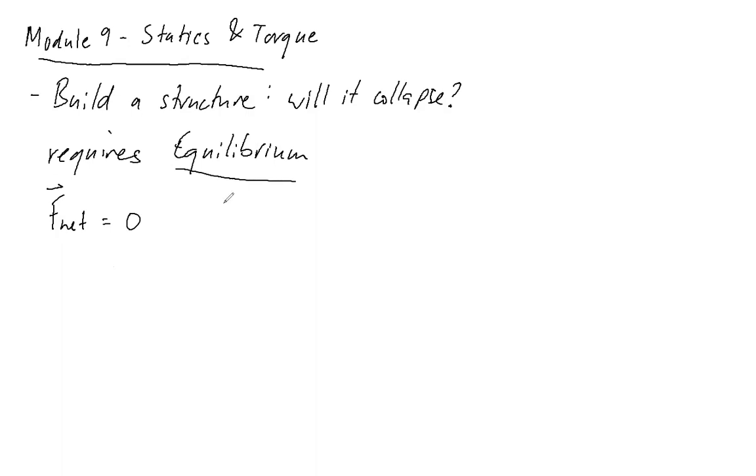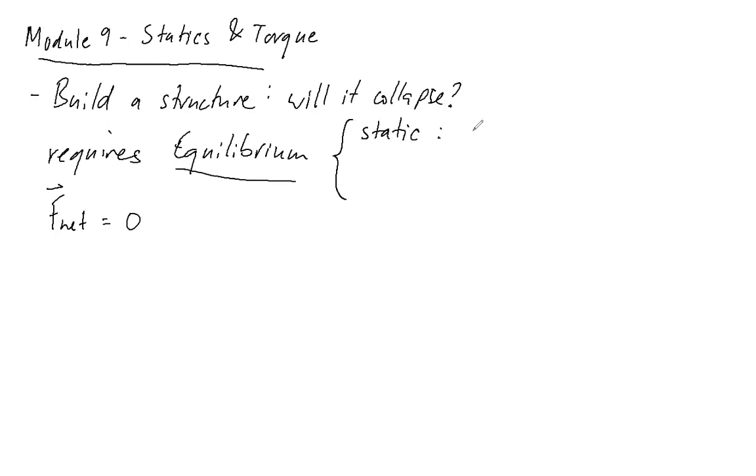Now, there are two types of equilibrium that can exist. There is something known as static equilibrium, and that's what we are concerned with.